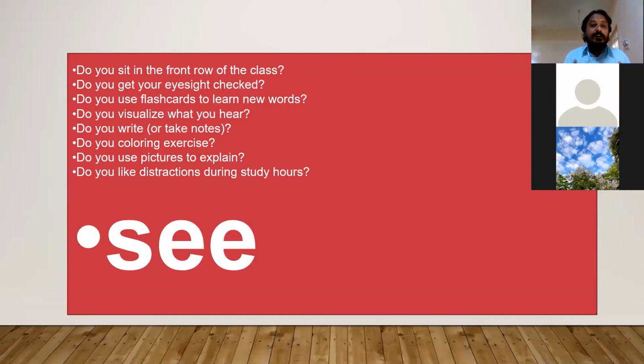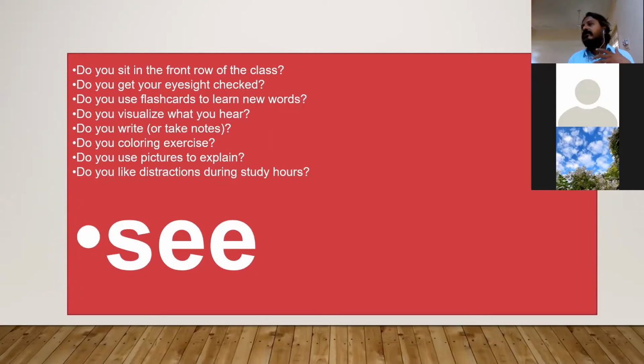So you can use flashcards, but now it's a different one where you have to have a visual element. You may argue, sir, in the previous one also you said flashcards have to be used. So here the difference is the flashcard with spelling in the first instance. In the second instance, that is the visual learners, you can put a picture of the word.